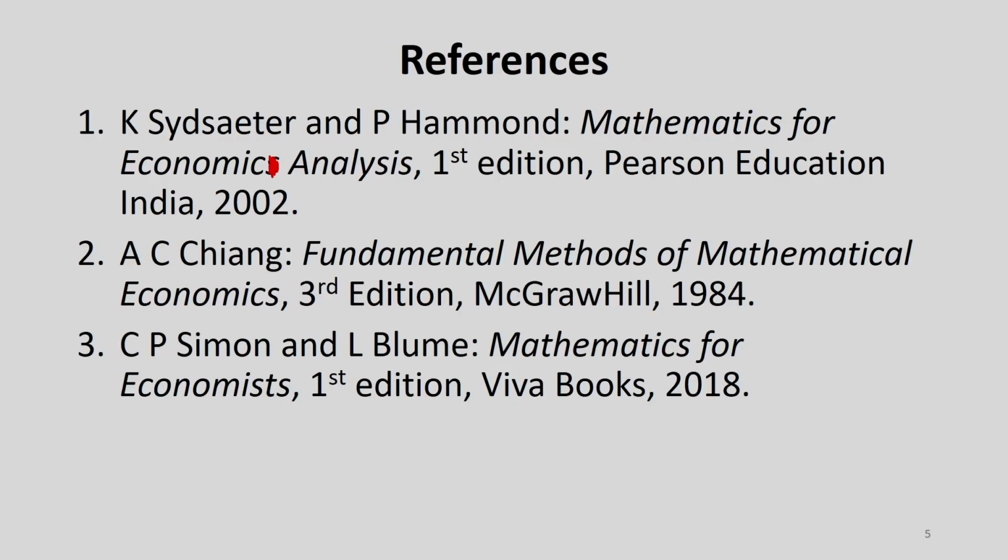This is the third edition, 1984, but this is the edition that is most familiar to me, and it is a very good book. It is a very classic kind of book which generations of economics students have read and benefited from. And then number 3 is Mathematics for Economists, first edition, Viva Books 2018 by Simon and Blume.